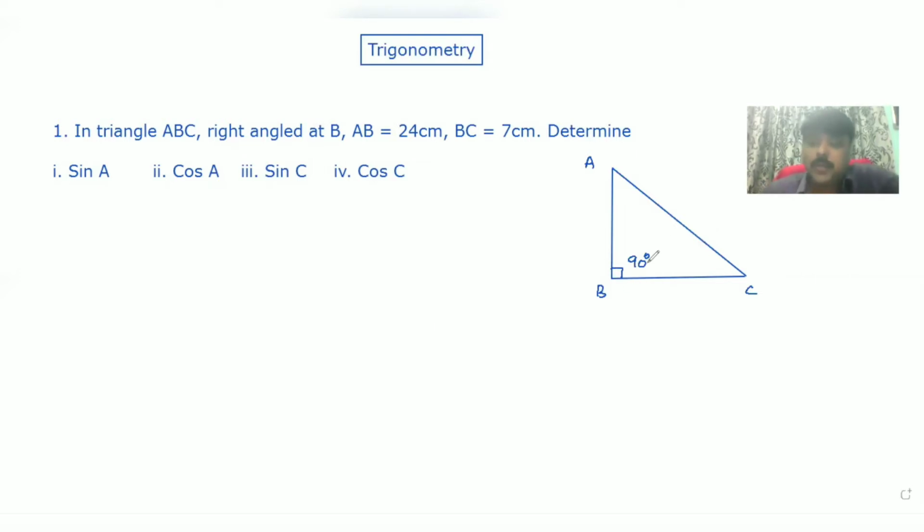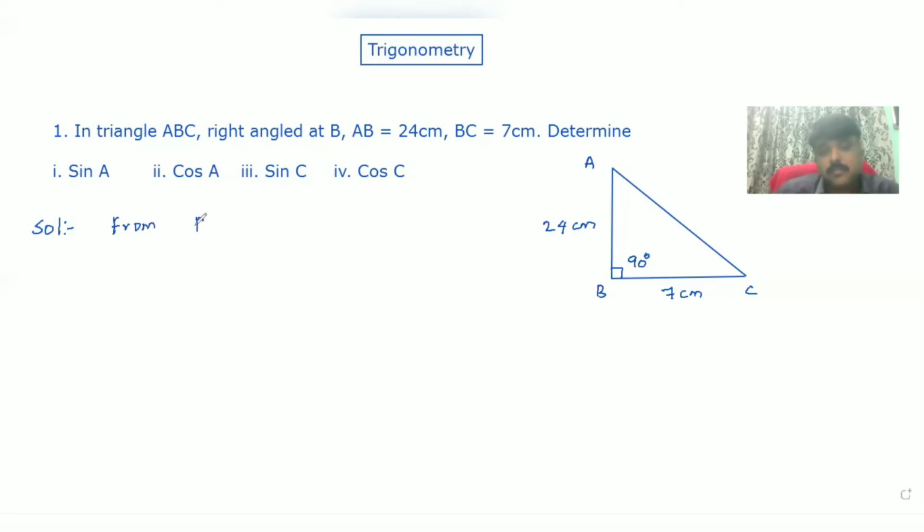The side opposite to the right angle in a right angle triangle is called the hypotenuse, and the value of the hypotenuse he did not mention here. AB is given as 24 centimeters, BC is given as 7 centimeters. Now let us apply the Pythagorean theorem.